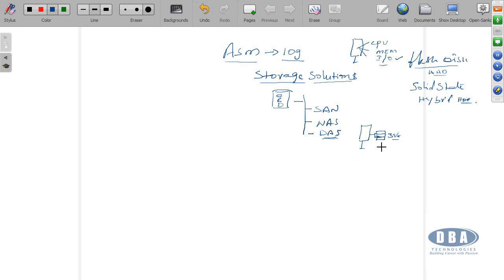So it's very, very important for a technical person to understand how resources really work and what the architecture behind that is. So what are we discussing? DAS. DAS is directly attached storage. When you start your operating system, since this is attached directly to your system, automatically it will get recognized by your operating system, right?